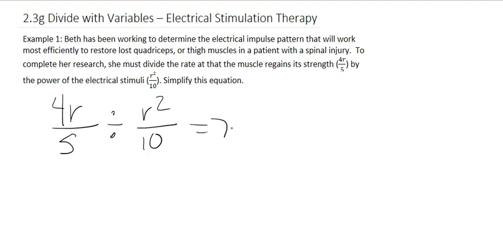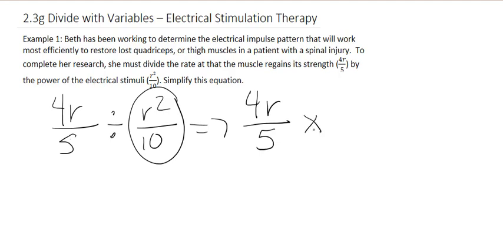And the way we would do this is by making this second term and flipping it, or taking its reciprocal, so we can multiply. So we have 4R over 5, and we're going to multiply now, and now it's reciprocal, so we're flipping it, so now the 10 is on the top, and R squared is on the bottom.